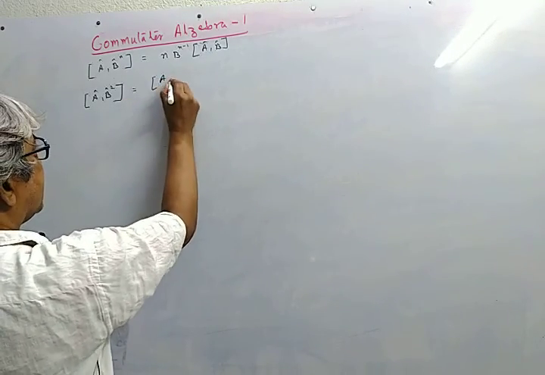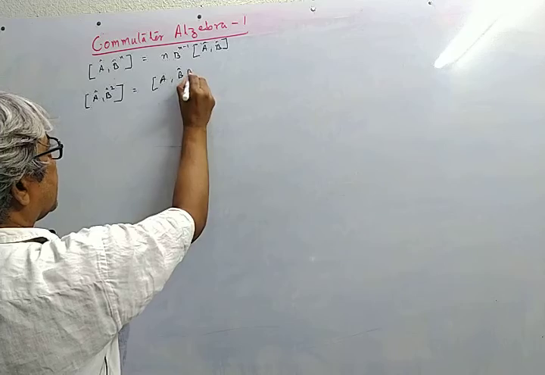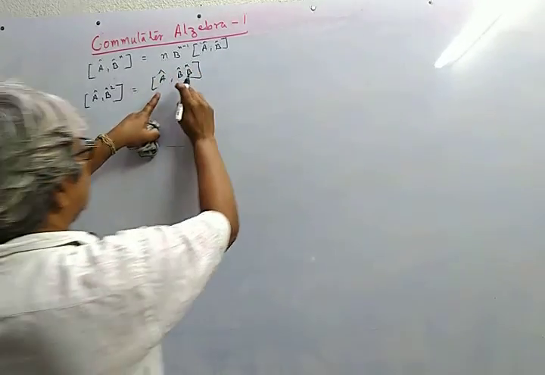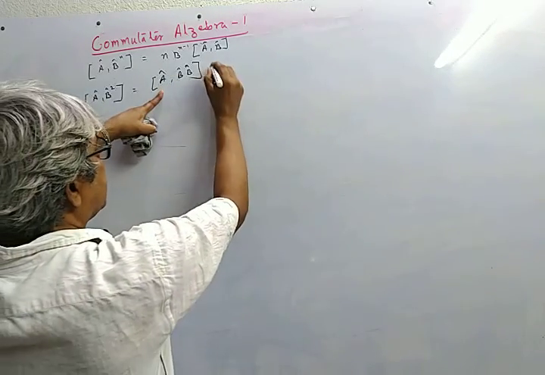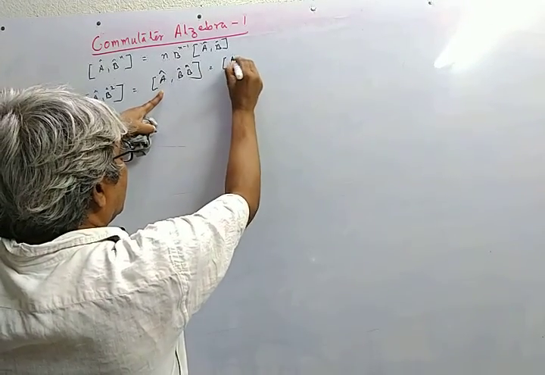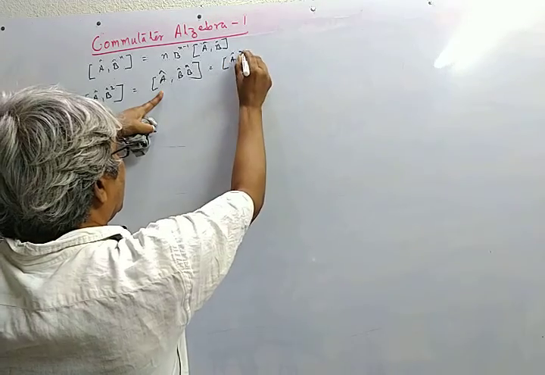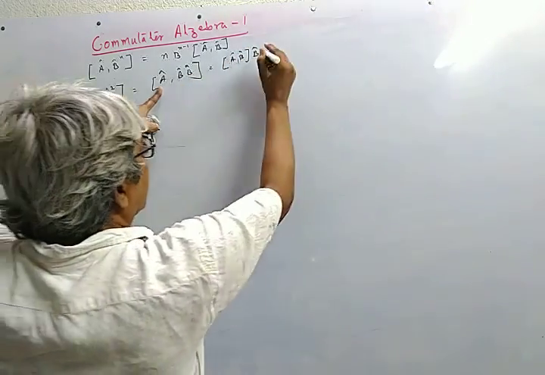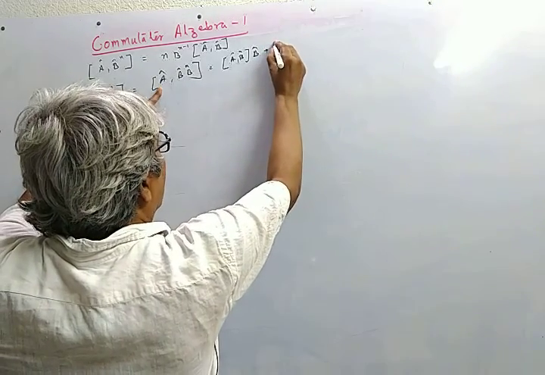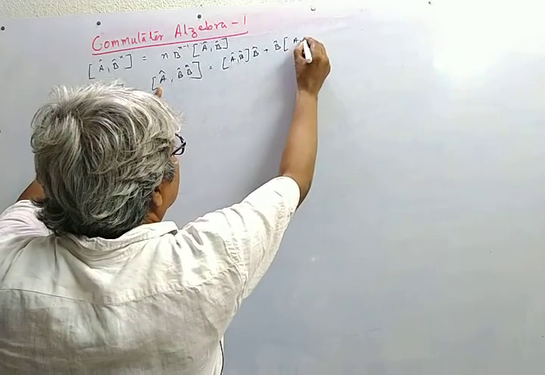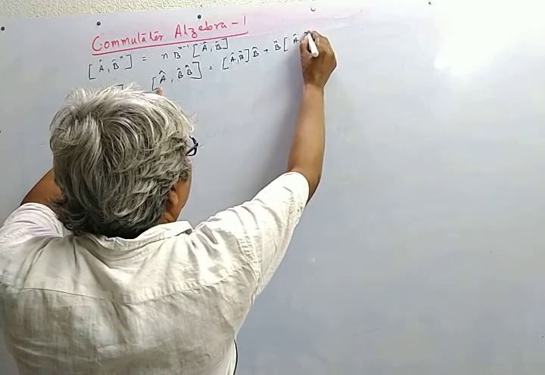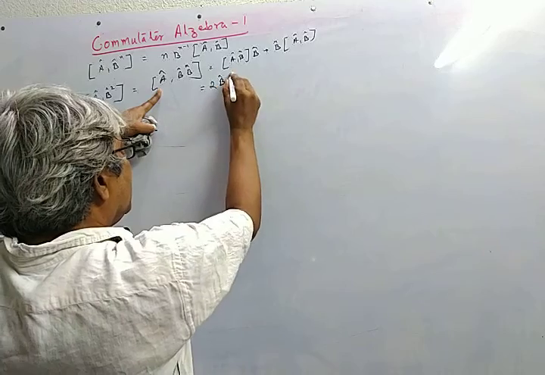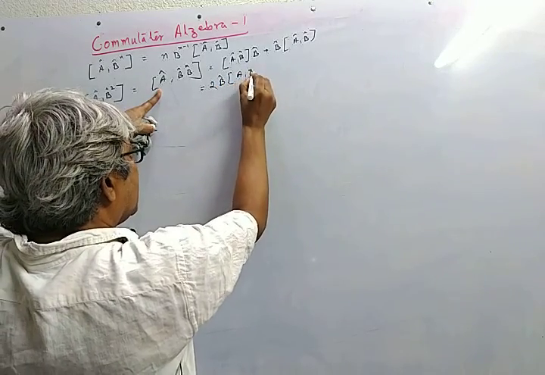This B squared is written as B operator times B operator. So first the AB commutator, B is from the right, and then B from the left. So the result is twice the AB commutator.